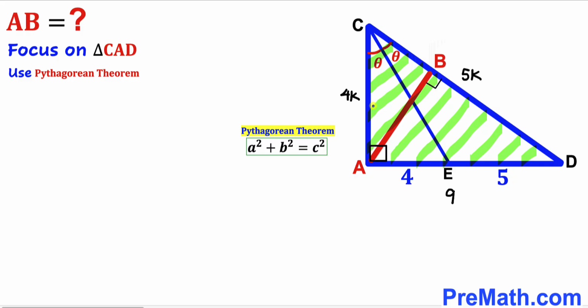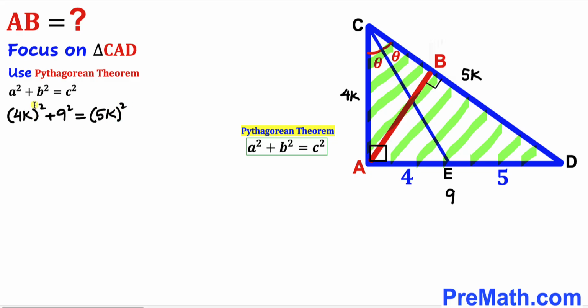In our case, our hypotenuse is 5k, whereas our two legs are 4k and 9. Let's fill in the blanks in this formula. So we get 4k whole square plus 9 square is equal to 5k whole square.